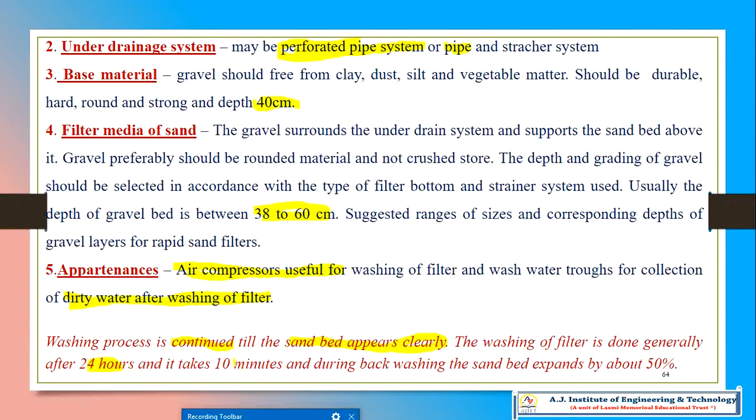It takes only 10 minutes after 24 hours. And during the backwashing, the sand bed expands about 50%.